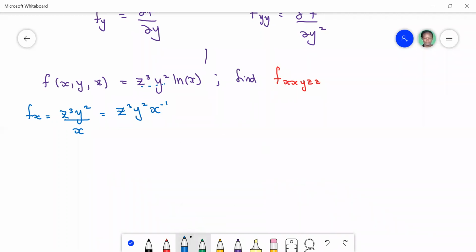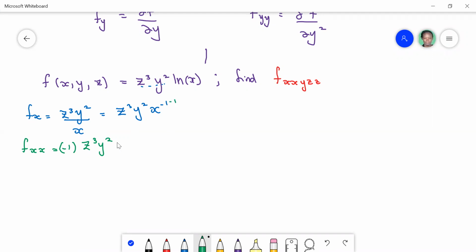Then the next one is f x x. That is the second one. So this time I'm differentiating this again with respect to x. Don't forget the power multiplies the whole function. So I have -1 here, then z cubed y squared, then -1.